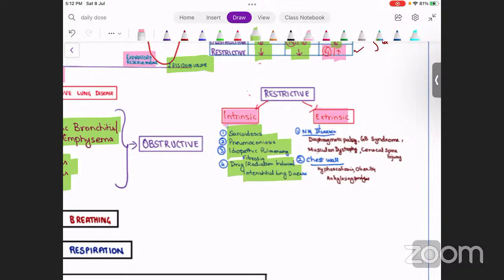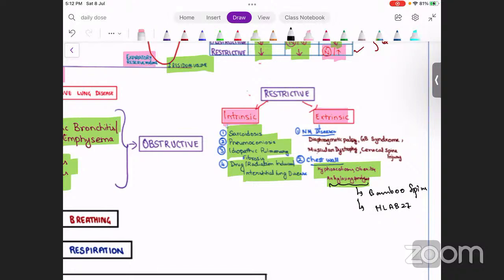Extrinsic comes under either a neuromuscular disease or maybe a chest wall disease. So chest wall, it is due to kyphoscoliosis or obesity or maybe ankylosing spondylitis. You may expect to see a bamboo spine here, which is another important MCQ. Bamboo spine and HLA-B27 is a very, very important MCQ they may ask you.